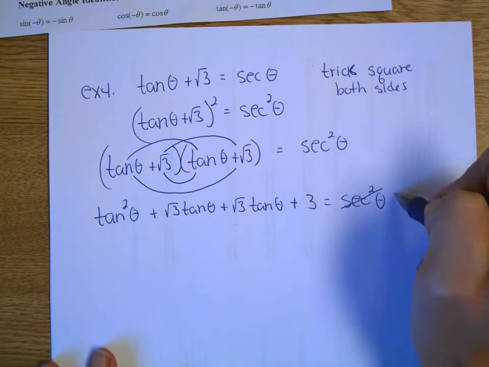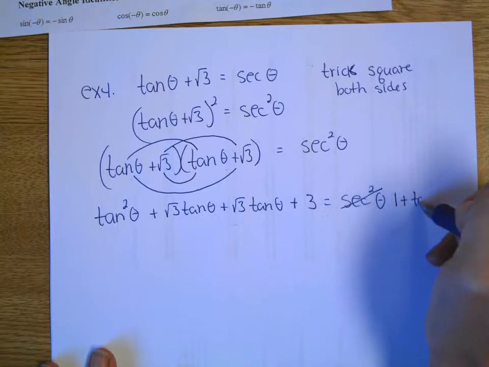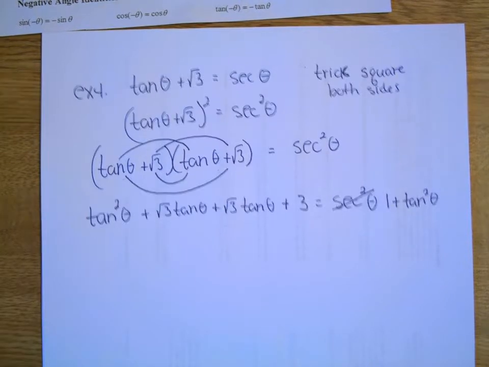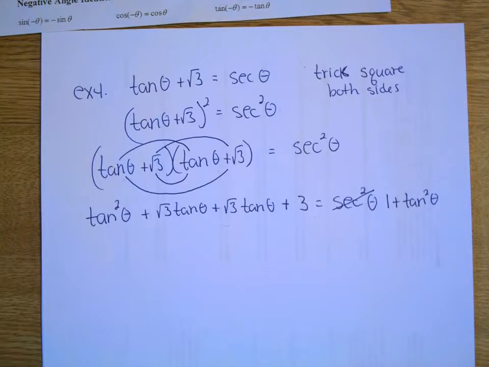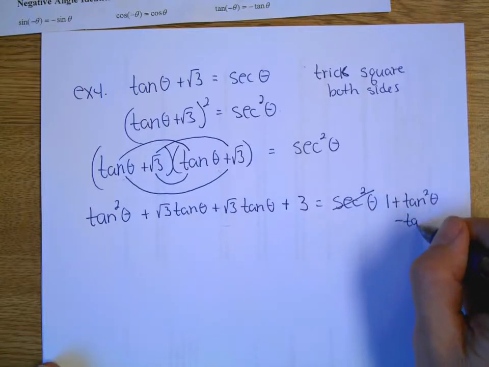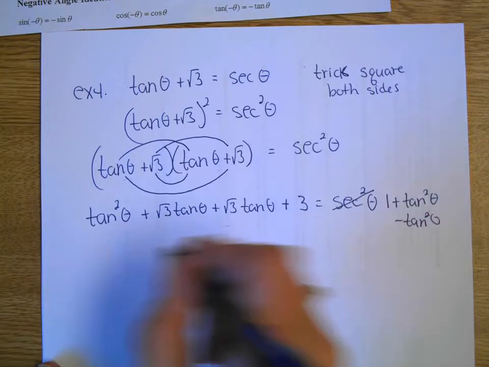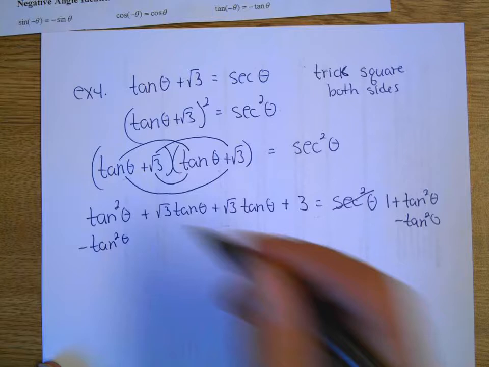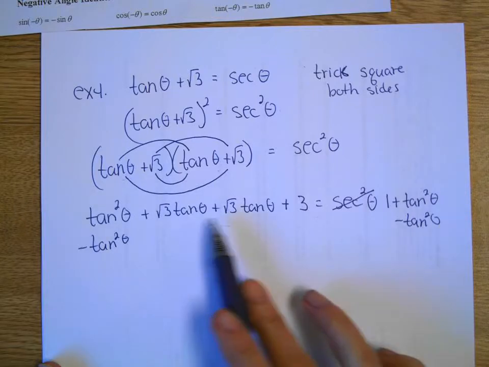This is going to be 1 plus tan squared. Okay, why is that nice? What can I do now? I can subtract tan squared from both sides. Well, we want to get down to one trig function.